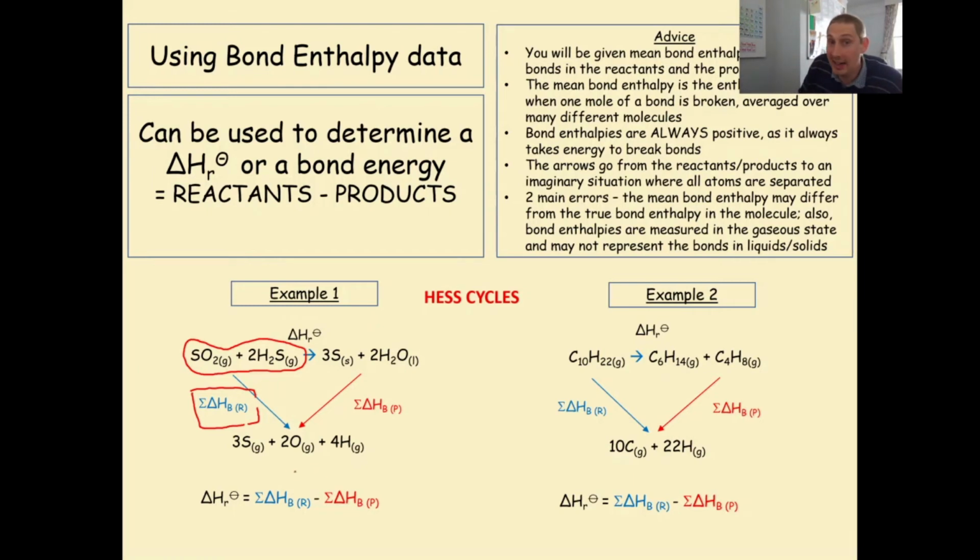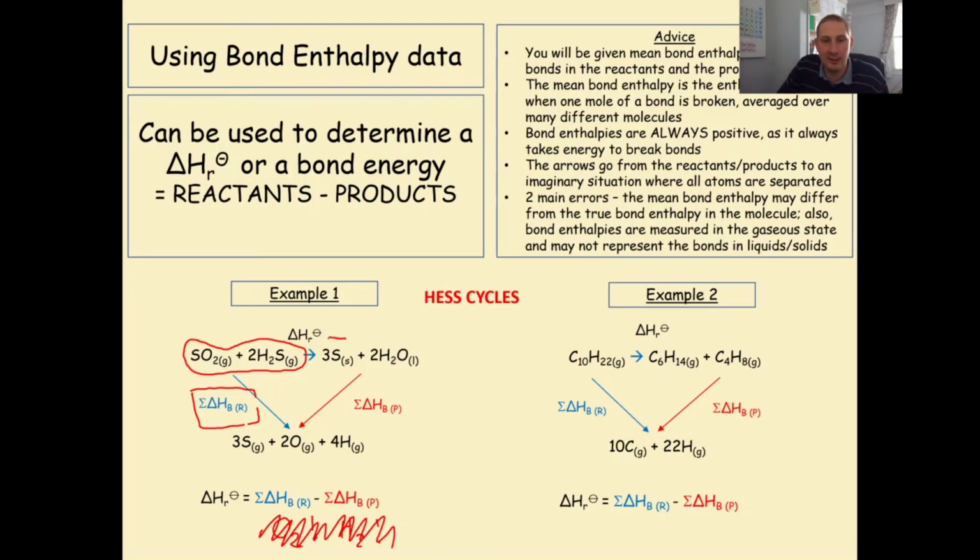This is really unusual because we spend most of Key Stage 3 and most of GCSE telling you it's O2, it's H2, these things are diatomic. Normally, yes. But we are atomizing. The whole idea of a bond energy is that we are splitting all the bonds. We are splitting everything into atoms.